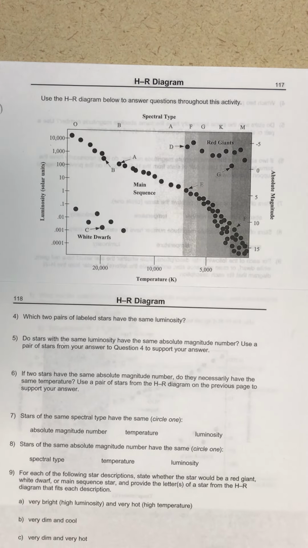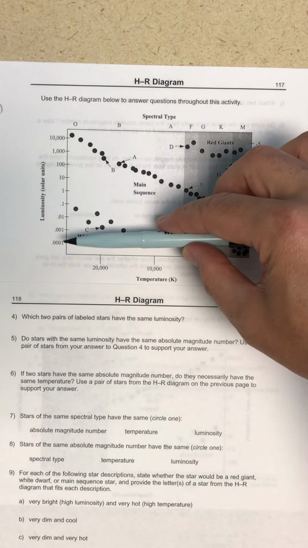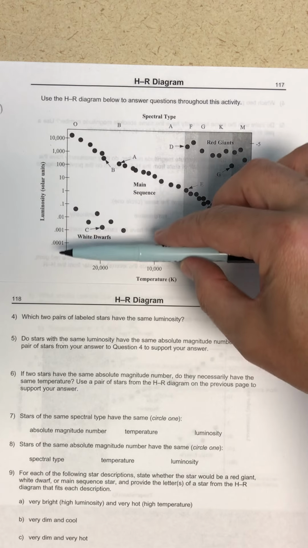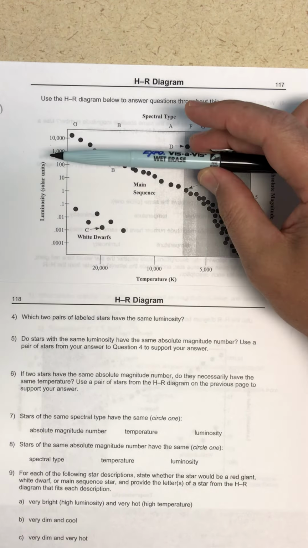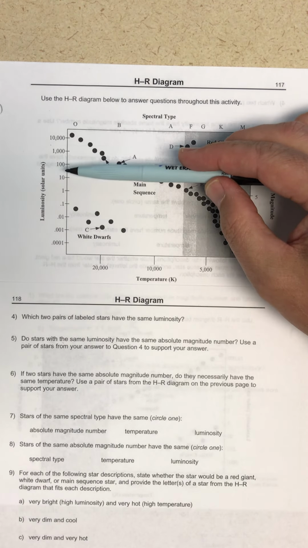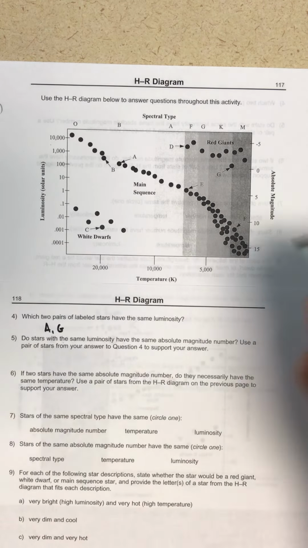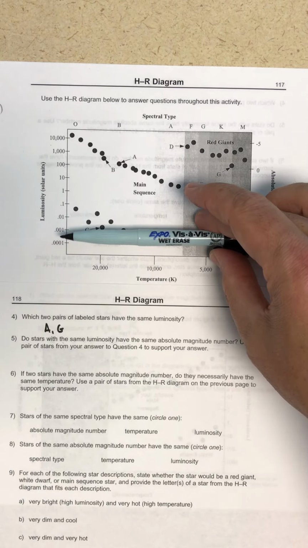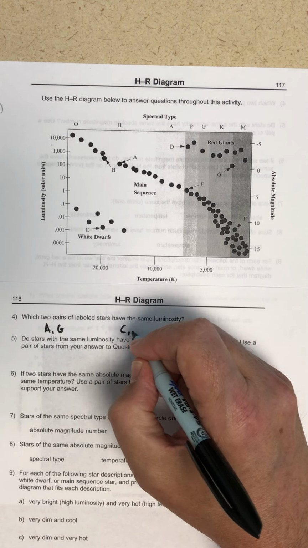Which two pairs of labeled stars have the same luminosity? Now we're reading off from the vertical axis on the left. Along that, star G and star A have the same luminosity, and star C and star F have the same luminosity.